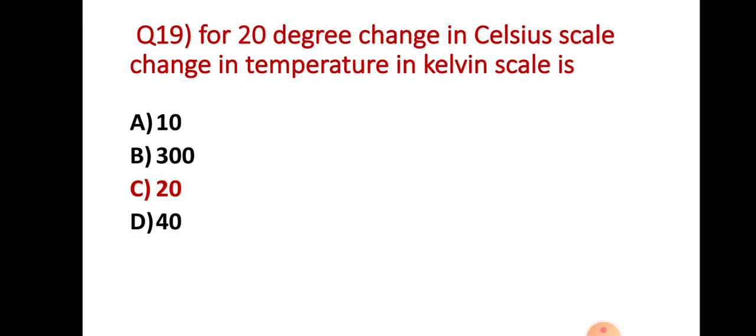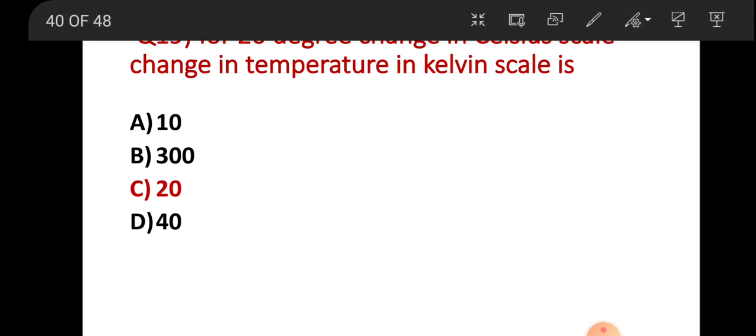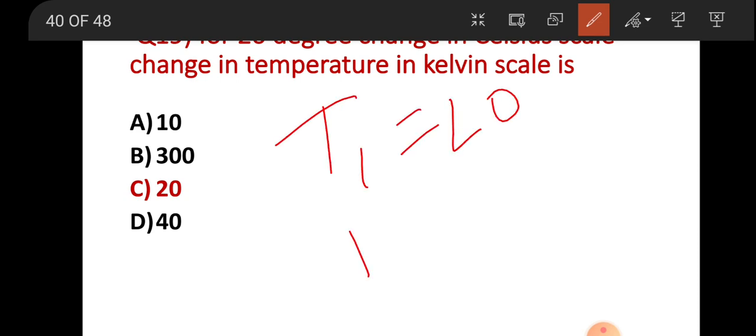Now let us see question number 19. For 20 degree change in Celsius scale, change in temperature in Kelvin is 20. The change in temperature will always remain same. In order to know this, let us take T1 as 20 degree and T2 as 40 degree.